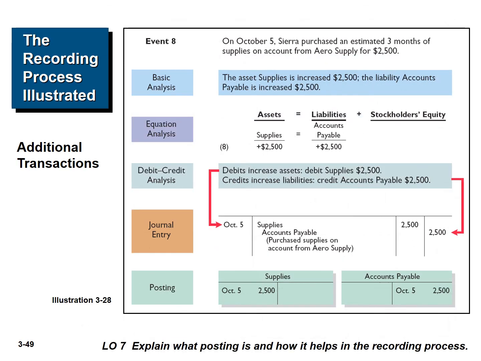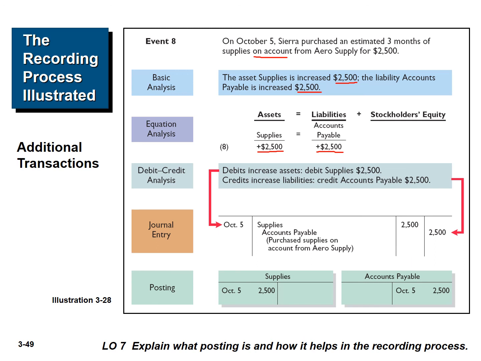Event 8, they purchased 3 months of supplies on account for $2,500. We'll work this one together. Increase supplies by $2,500, which is an asset. The liability is accounts payable. Remember, on account means they didn't pay cash, so cash is not decreasing. Supplies are going up and accounts payable is going up because we owe the supplier.